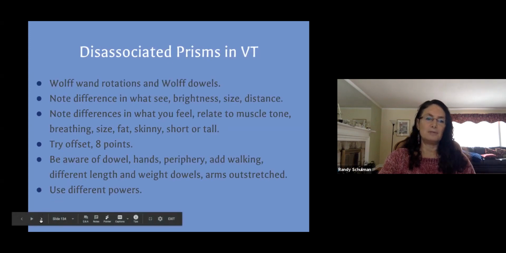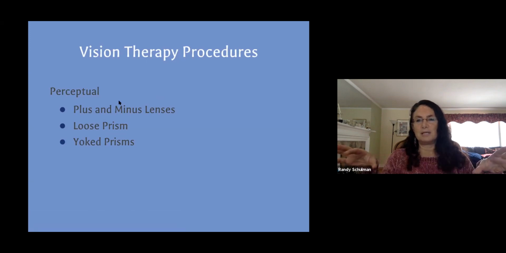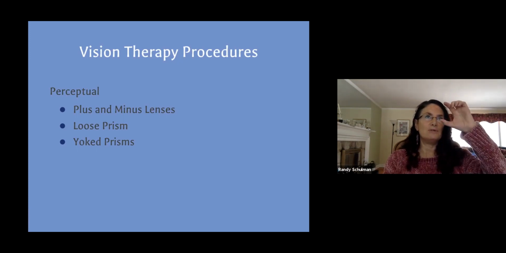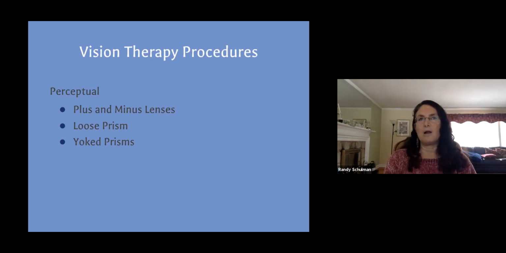I talked about the dissociated prisms using dowels. And then perceptual activities too. You can get a whole array of plus and minus lenses, and then they have to put them in order and you want to see how they process. Do they do it based on size? When they have to hold up a lens, see what it does, and see if they can put them in size order.